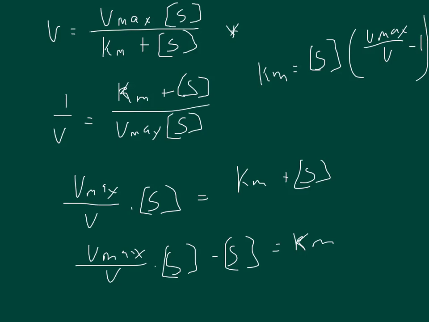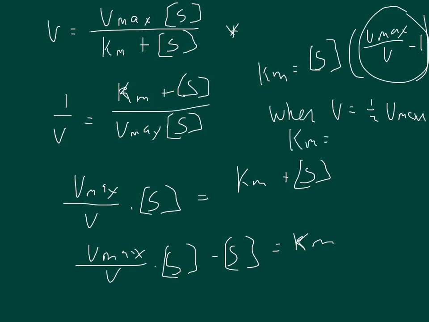So whenever V equals 1/2 of Vmax, this whole term will equal 1. And so 1 times any number is that number. So for example, if Vmax was 10 and V was 5, 10 over 5 equals 2, 2 minus 1 equals 1. So we can say when V equals 1/2 of Vmax, at that point Km equals S.